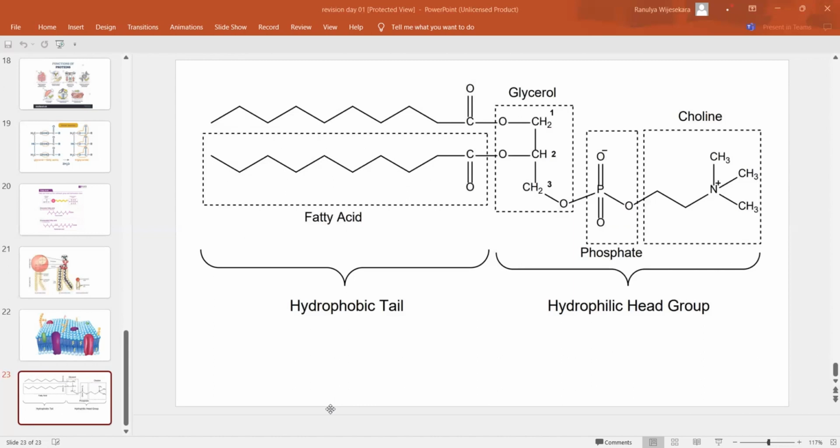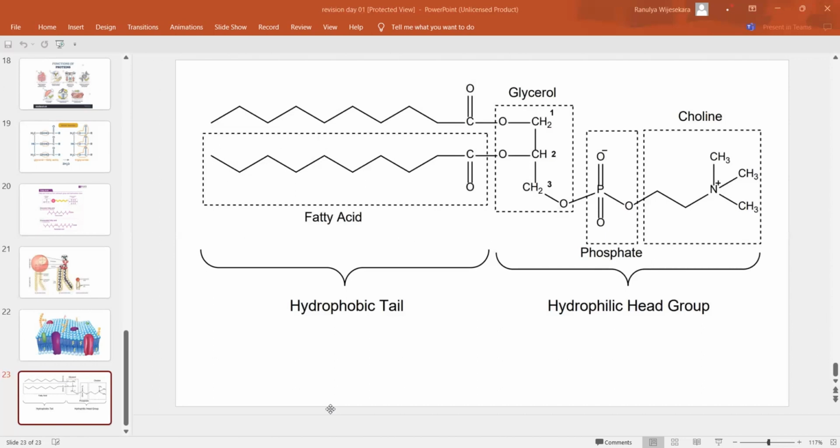H:O ratio is not 2:1. Comparatively, more hydrogen is present. Next point. Diverse group of hydrophobic molecules.